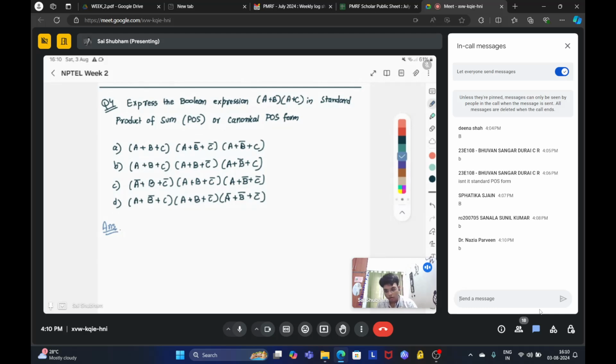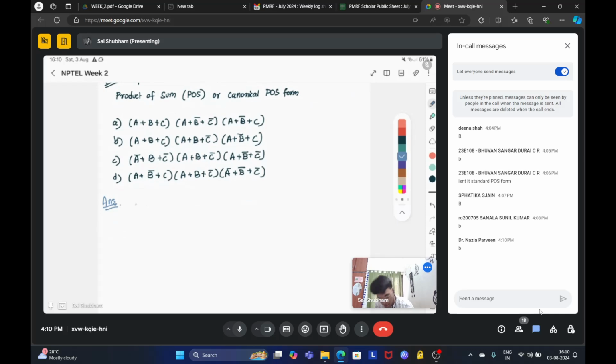So I think I will give you a quick recap of min terms and max terms. For example, if I have three variables, suppose x, y, and z. I can have different combinations of x, y, z, like x or x bar, y or y bar, z or z bar.